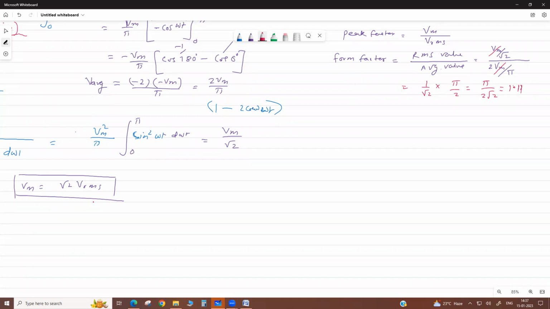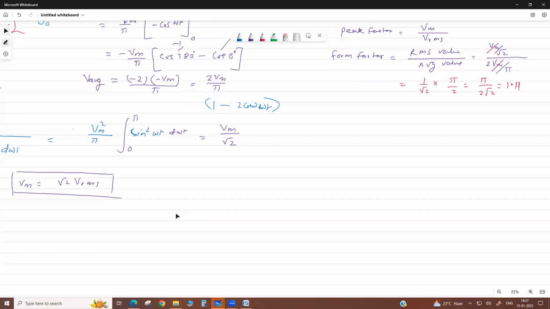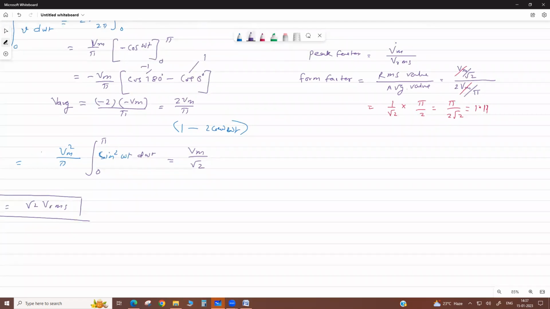Now the peak factor. It is Vm and your RMS value is Vm by root 2. Here Vm cancels and it is root 2 only. What is the value of root 2? 1.414. So 1.414 is the peak factor.